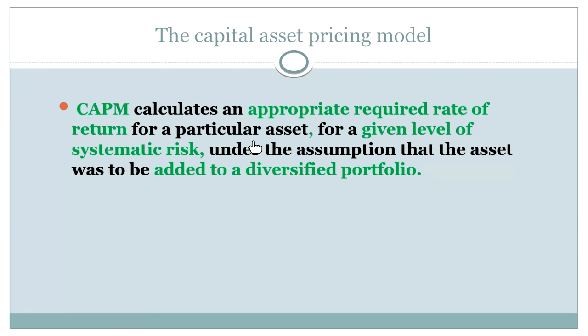Okay? Calculate an appropriate required rate of return for a particular asset for a given level of systematic risk. Systematic risk, remember, is the risk that will be inherent in all of my assets under the assumption that that particular asset is going to be added to a diversified portfolio. Because then remember, all the other assets in my portfolio will be exposed to that same systematic risk. So because of that assumption, I can then calculate CAPM.